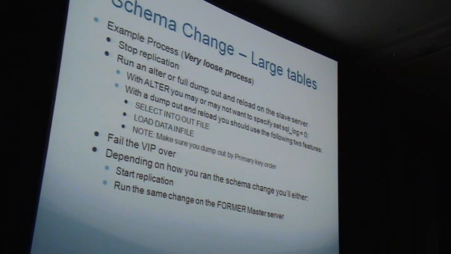But basically you would stop replication. You would run an activity on the hot standby, the passive master or the slave server, either being the alter table, like on a 5 gigabyte table, or a full dump out and reload of that table with a different schema. With that kind of situation, it's select into outfile, load data infile, dumping by primary key order just for speed in the end.